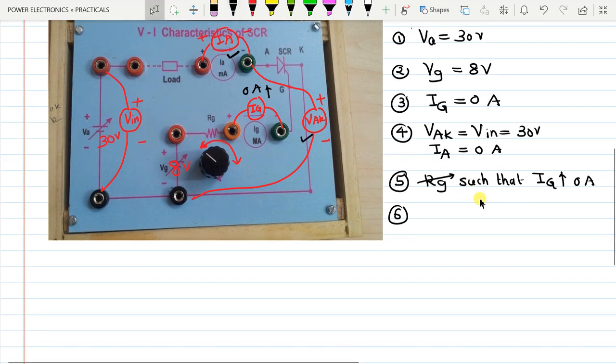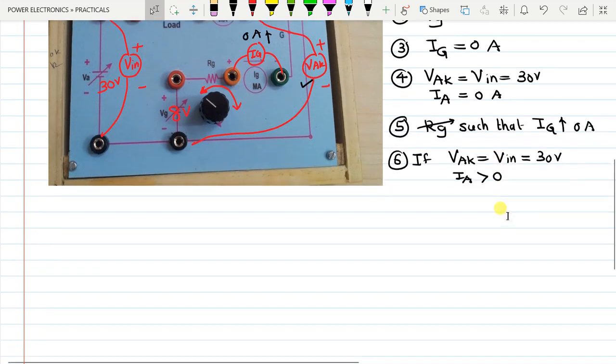So students, if VAK remains equal to Vin equal to 30 volts and IA is greater than 0, then perform this test.